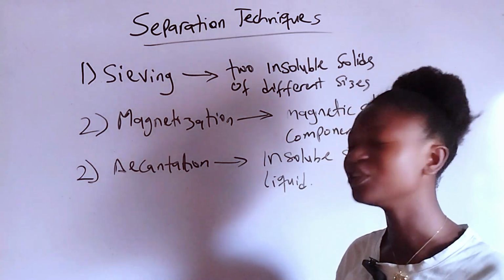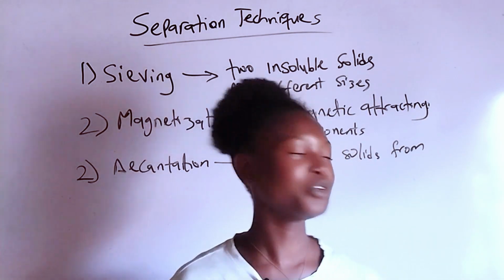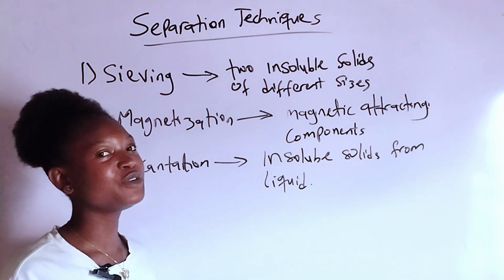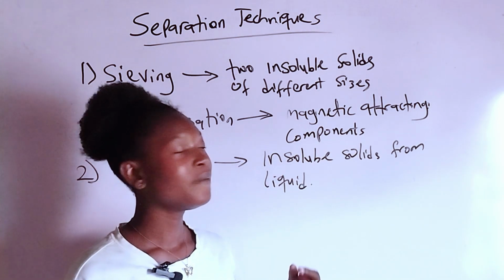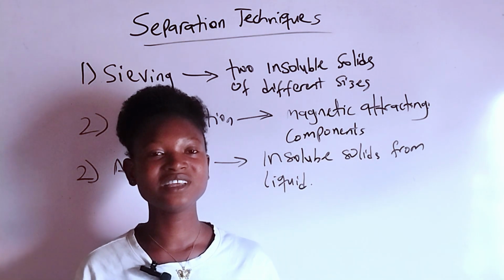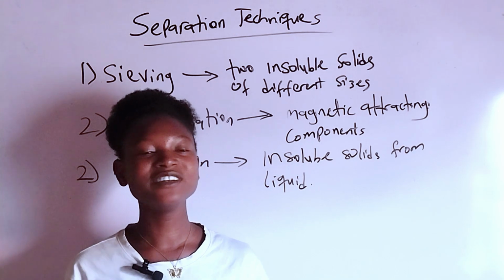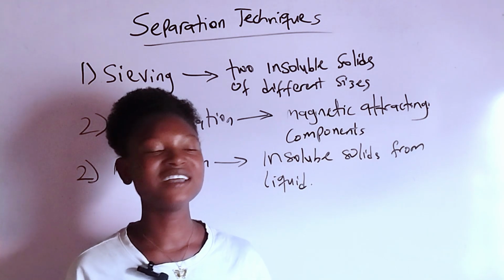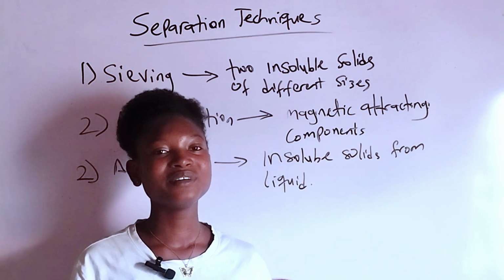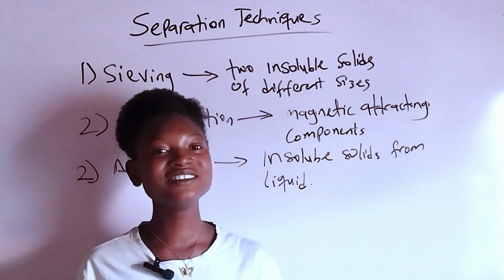How can we use decantation to separate a mixture? This can easily be done by allowing your solid to stand in that liquid, maybe for hours, for days. Then you are going to decant it, and the solid that you separated from the mixture is called the decant.